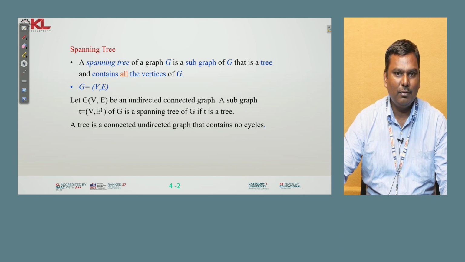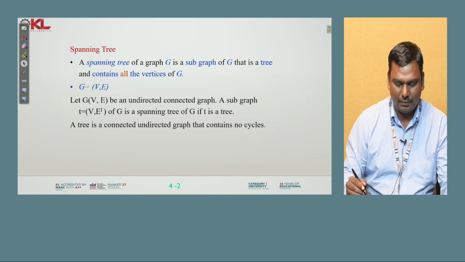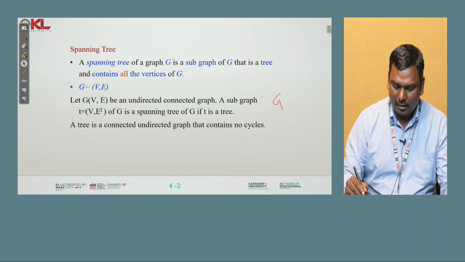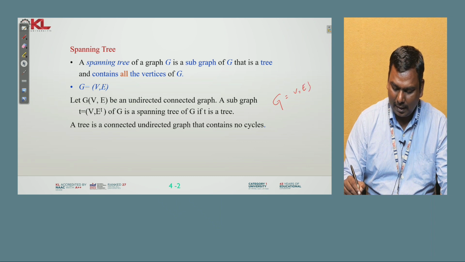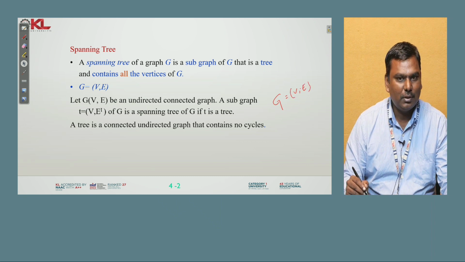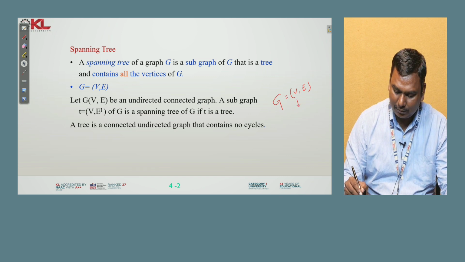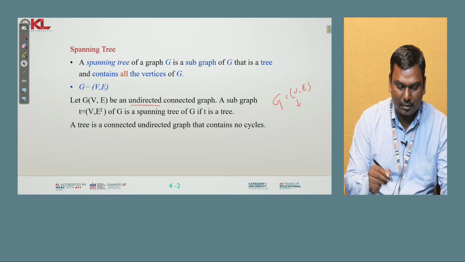A spanning tree is a subgraph of G that is a tree and contains all the vertices of G. For example, the graph has a set of vertices and a set of edges, and it is an undirected connected graph.